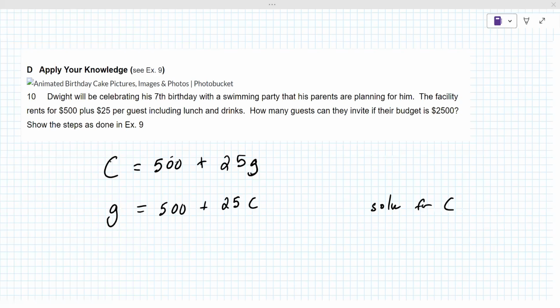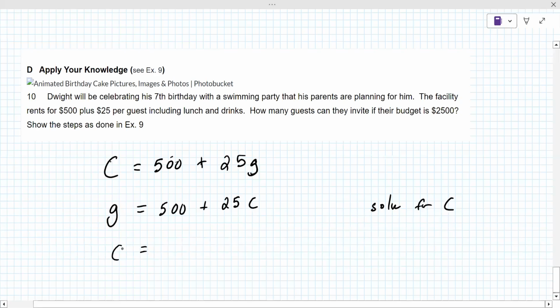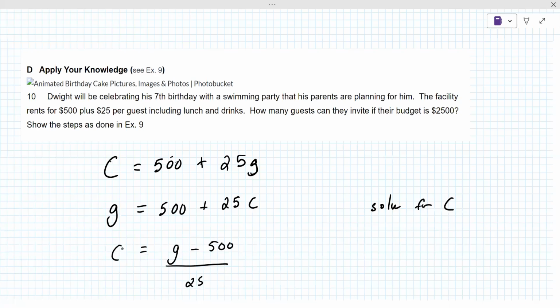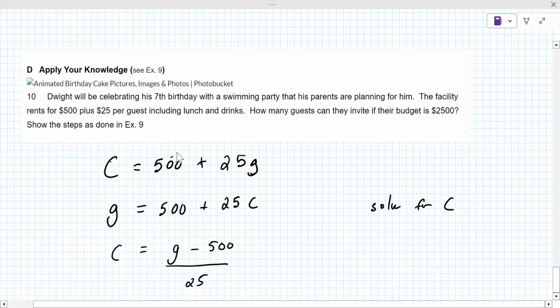So then after that, you would divide by 25, which equals G minus 500 over 25 equals C. Yes. So C is equal to G minus 500 divided by 25. And this is how they wanted you to do it.